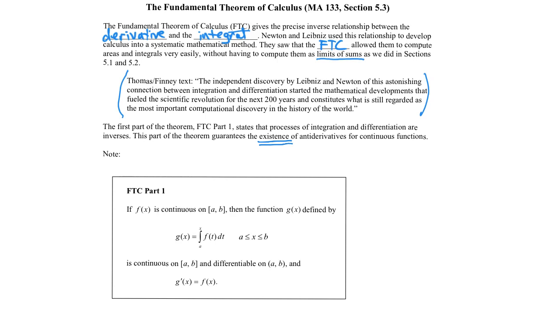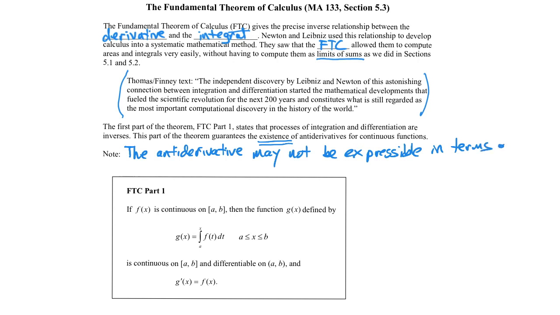So the note here has to do with what we just mentioned, and we should be aware of this. The antiderivative may not be expressible in terms of elementary functions.